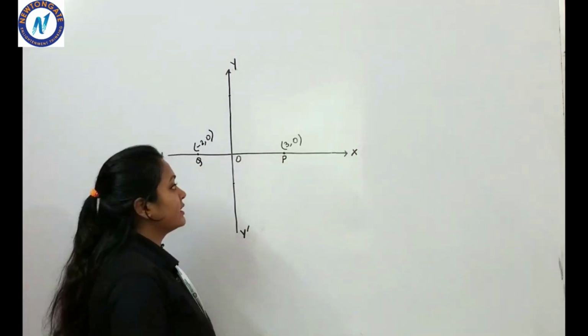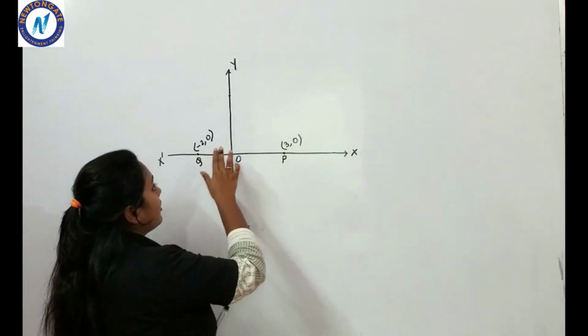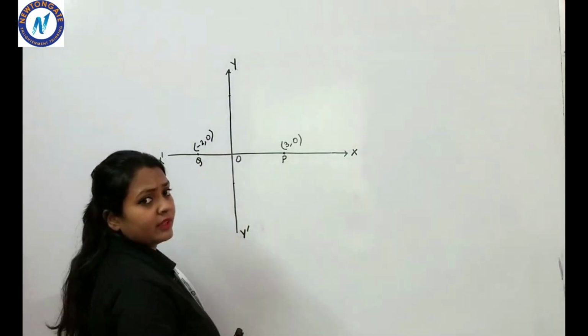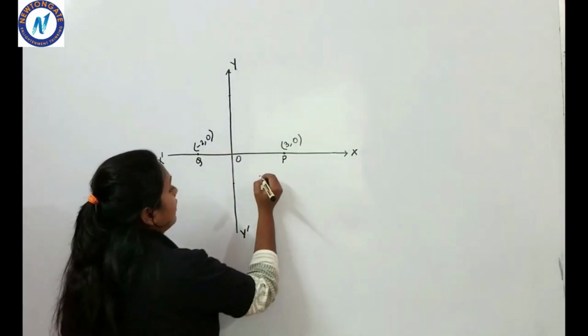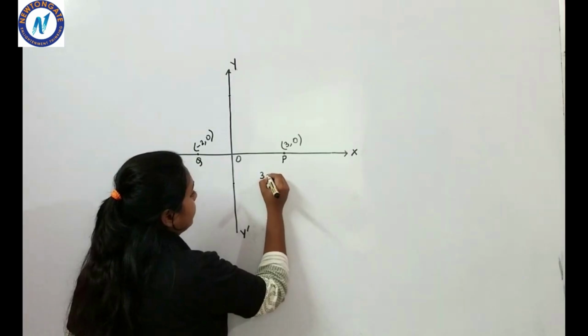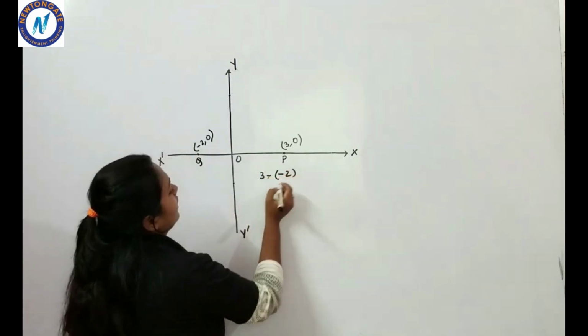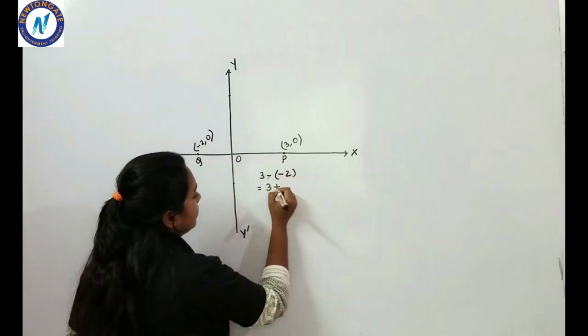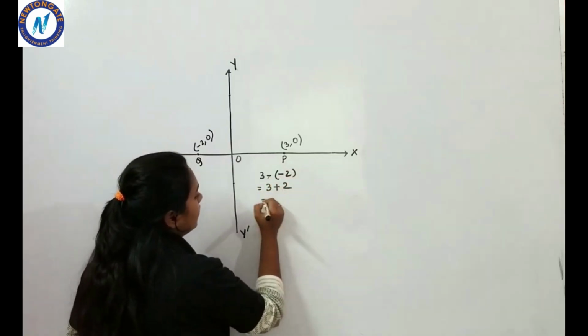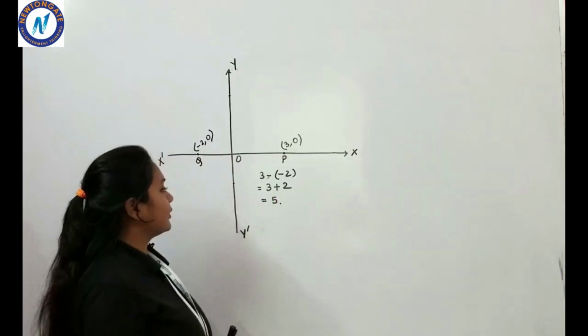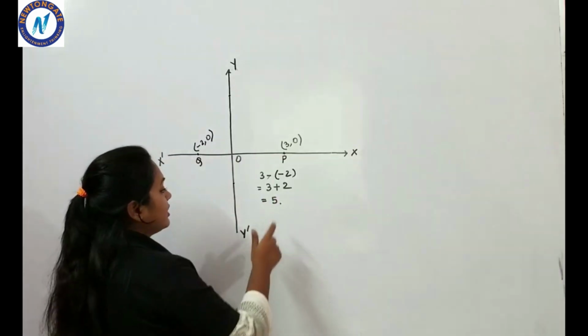We will find the distance between the 2 points P and Q by calculating the difference between the 2 abscissas. That will be 3 minus (-2), that is 3 plus 2, equals 5. Then the distance between the points P and Q is 5.